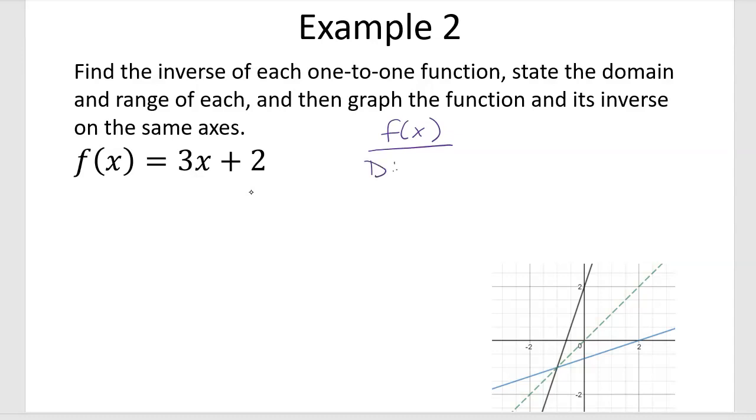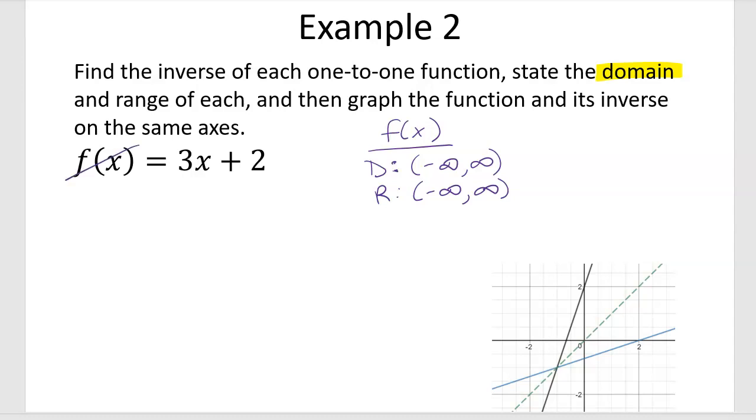It's a linear function, and you can imagine graphing that function, and it's going to have negative infinity, positive infinity, and your range is going to be the same thing. Okay, and so it does tell us right up here to find the domain of each function, the function and its inverse. Okay, and so we've already found the domain of our function and our range actually. And so now let's actually find the inverse function.